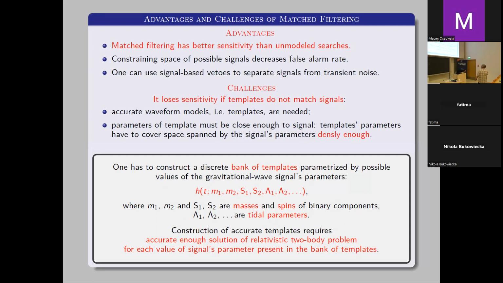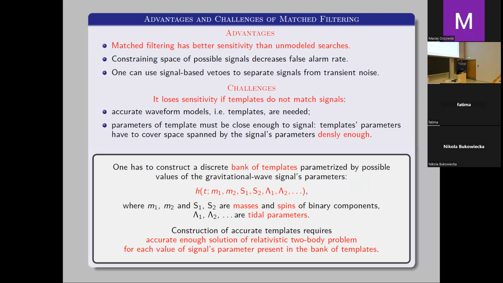But there are some challenges related to matched filtering searches. Namely, it loses sensitivity if templates do not match the signal accurately enough. So we need accurate waveform models. Moreover, as you know, thinking about the gravitational wave signal from a coalescing compact binary system, the signal depends on several parameters, like masses of the binary black holes.